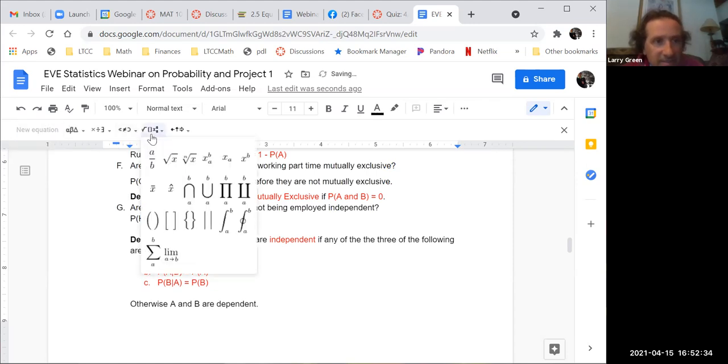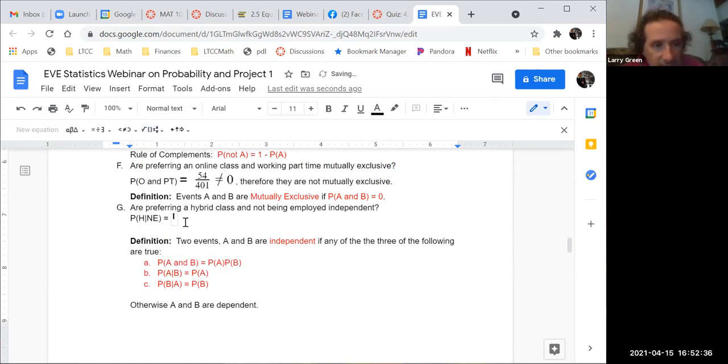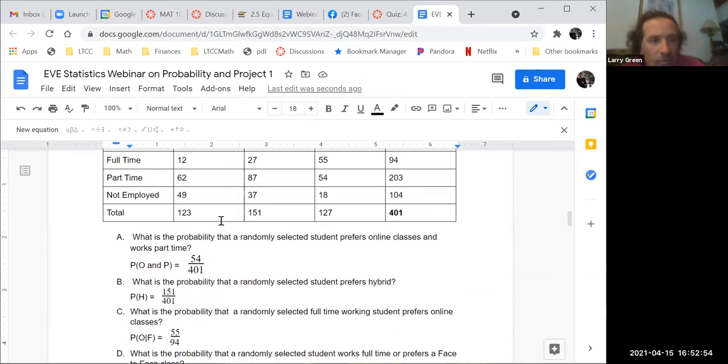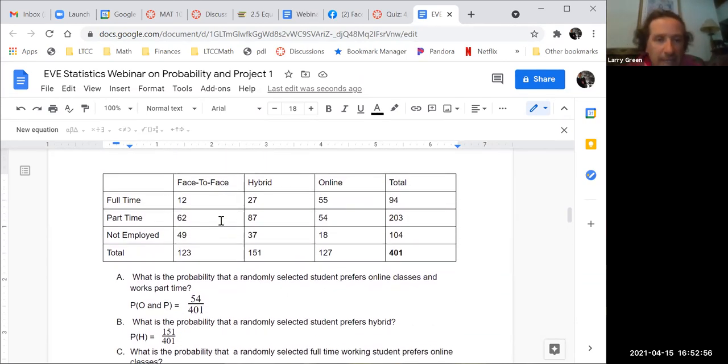It's a fraction. So we've got to find the probability of preferring hybrid given not employed.